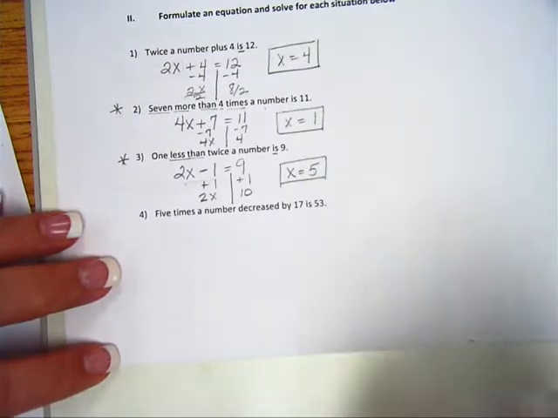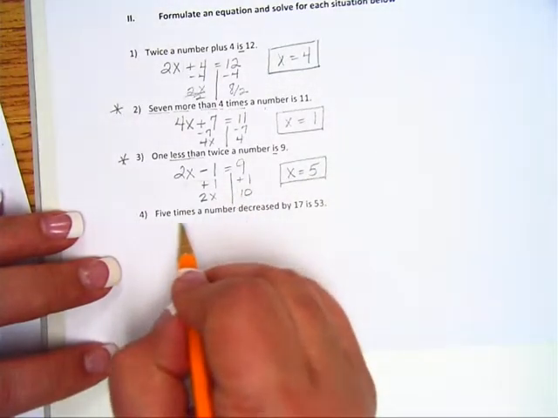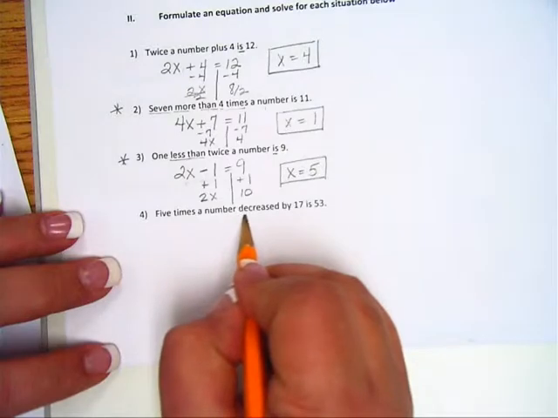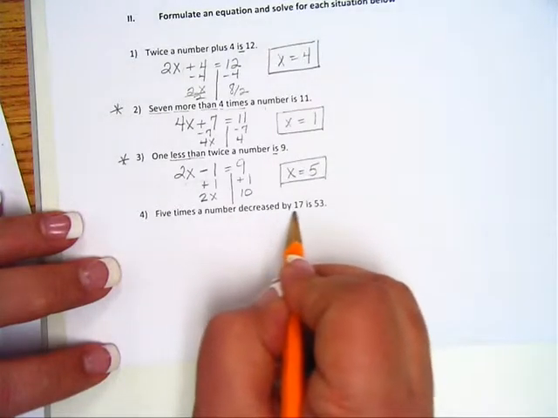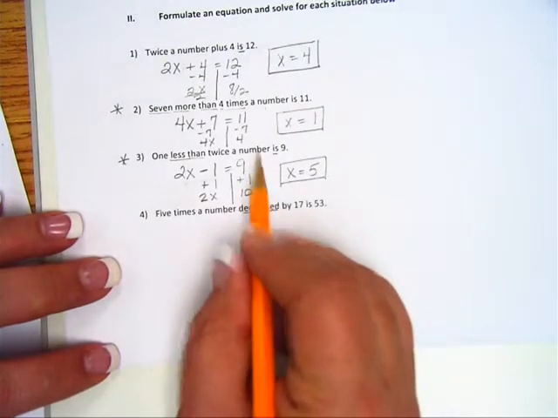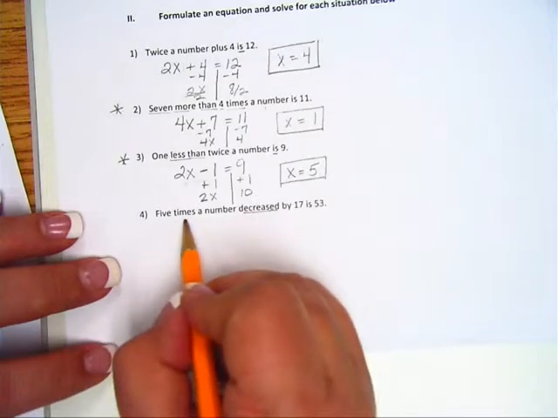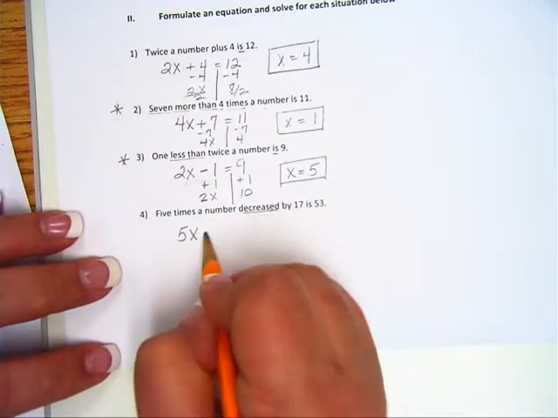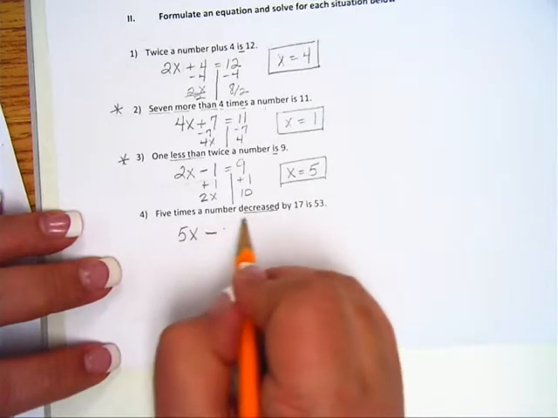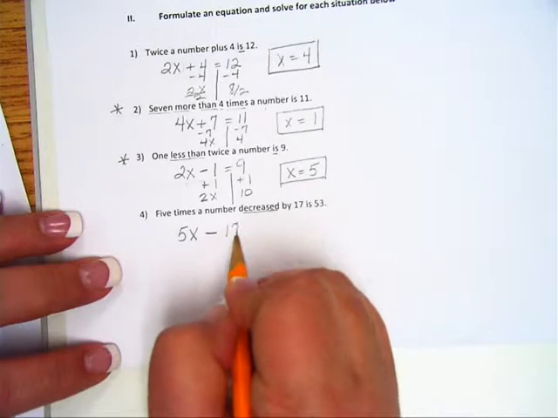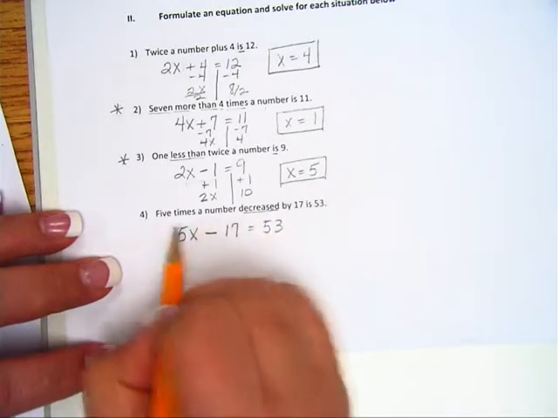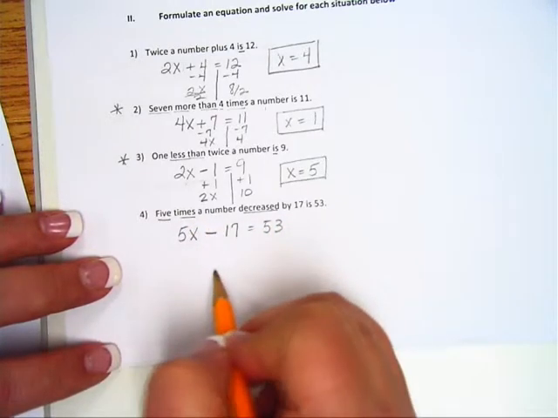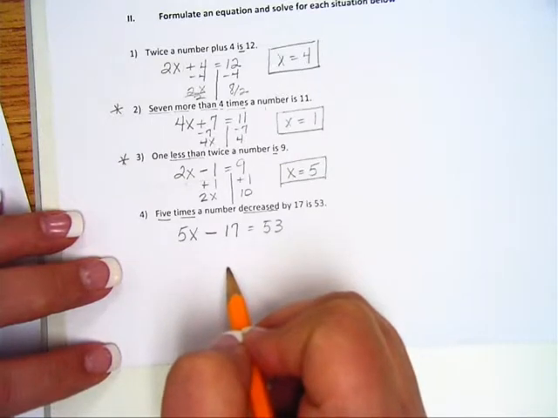Okay, last problem like this. We have 5 times a number is decreased by 17. Now that's different than more than or less than. That says that this number, 5 times that number, is decreased. So that's what we're going to do. Decrease means subtract. So 5 times a number decreased by 17 is 53. This one does read in order of what it says with the words.